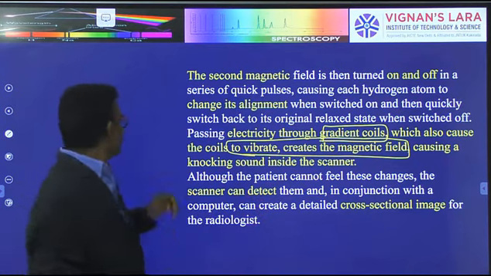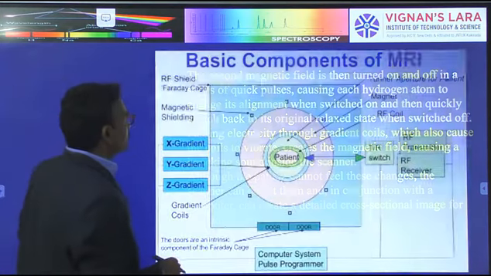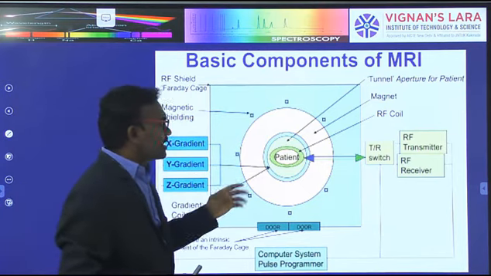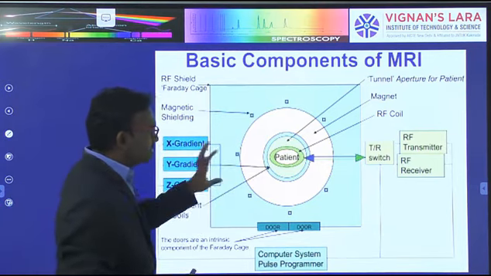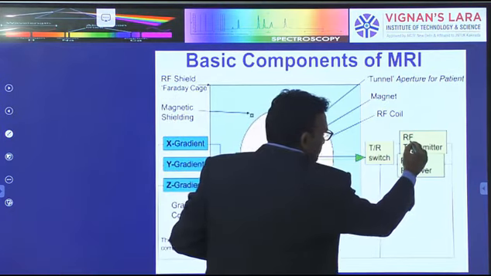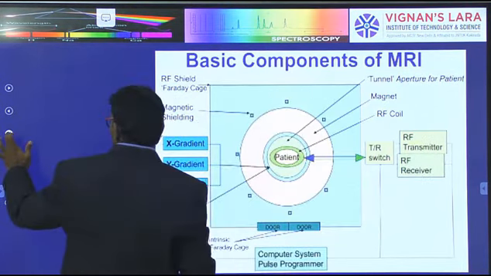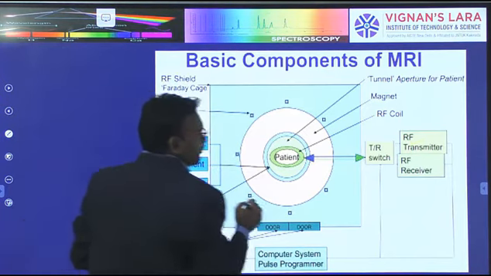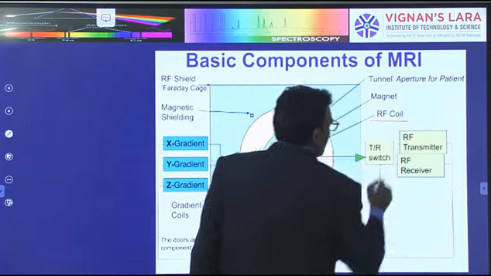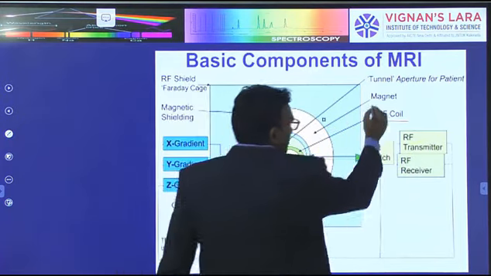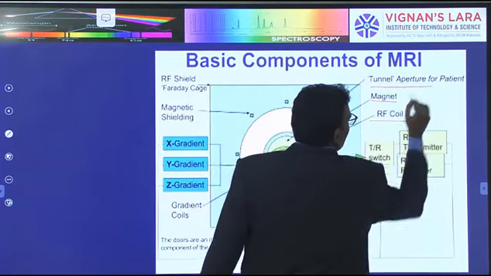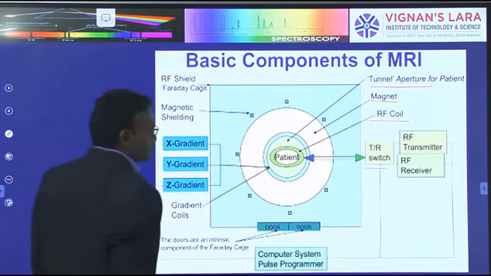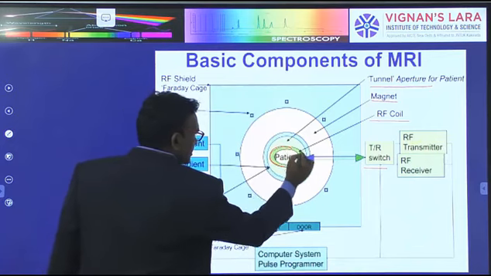There is a printout. These are the basic components of MRI scanning: RF transmitters, RF coil, magnets, tunnel, switches, and the patient.